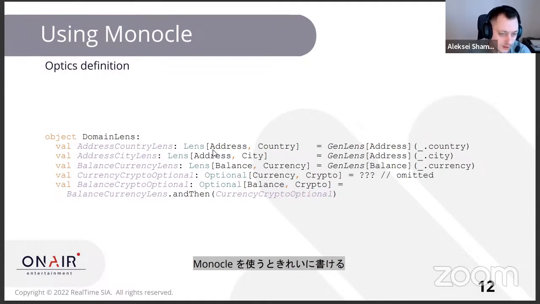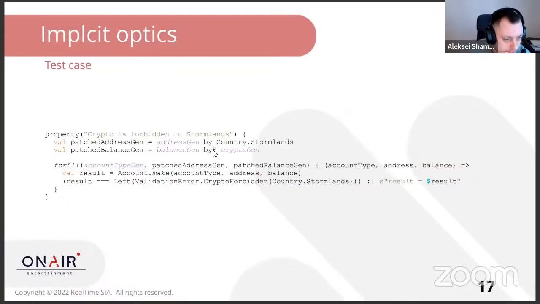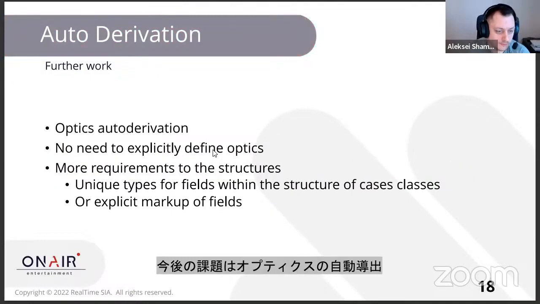So we potentially can do it so that all optics will be derived automatically during compilation. But unfortunately, there are some complications. Working with macros in Scala 3 is still quite hard, though it's better than in Scala 2.